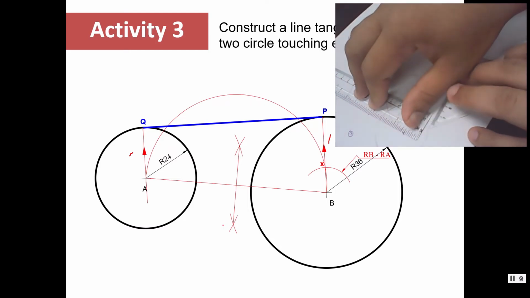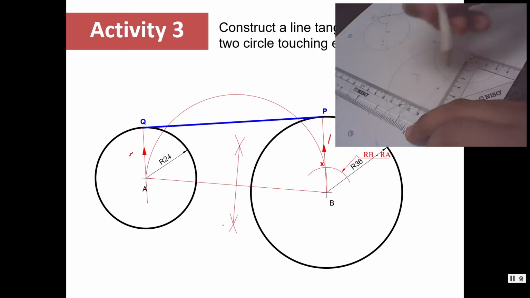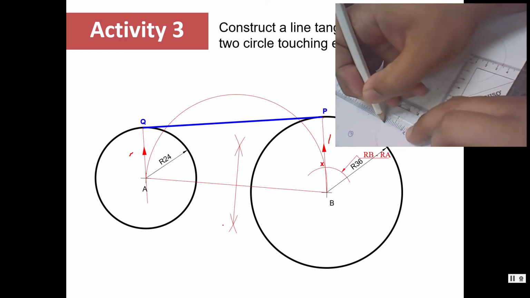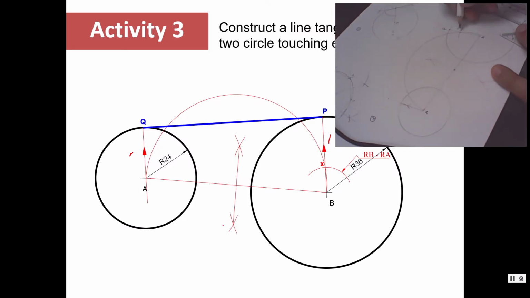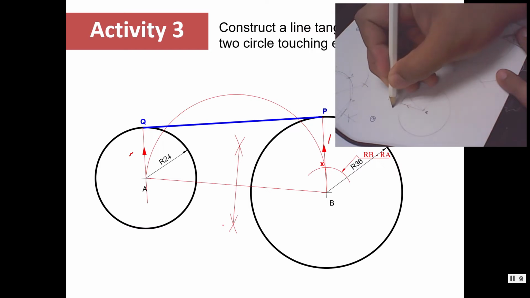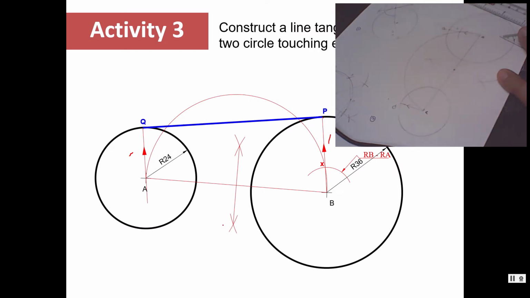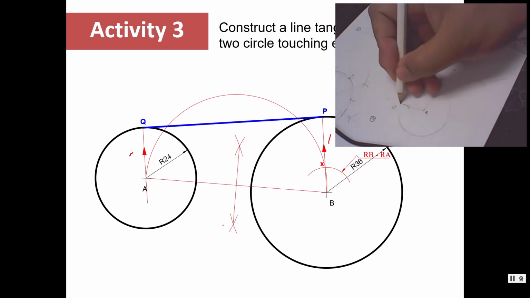Okay, something like this. So from point A to point B, this line and this line should be parallel. So this is the Q point, this is P, so these are the tangent points.